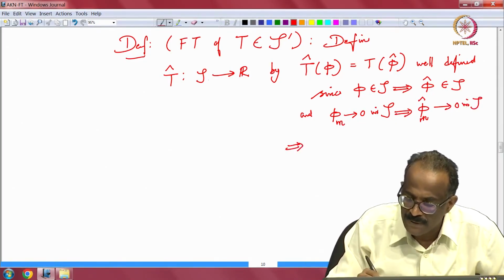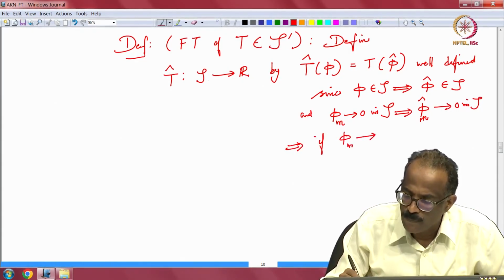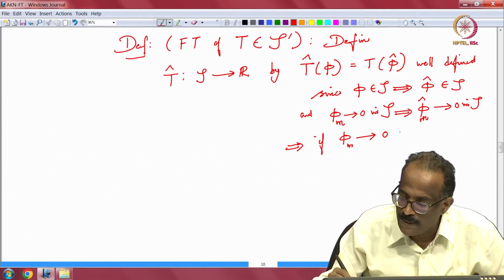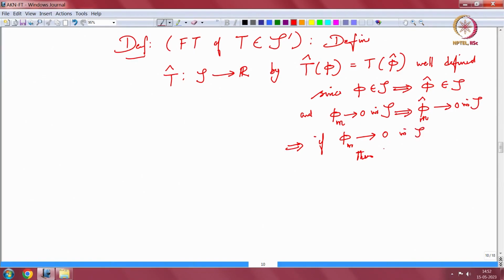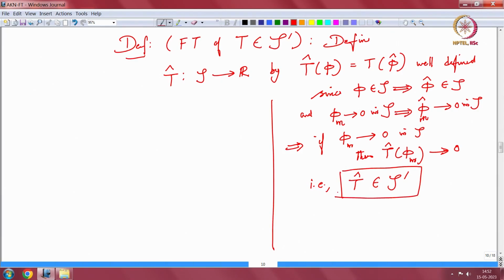That implies T hat of phi_m goes to 0. That is, T hat is also in the dual space. So the Fourier transform is defined as a member of the dual space.